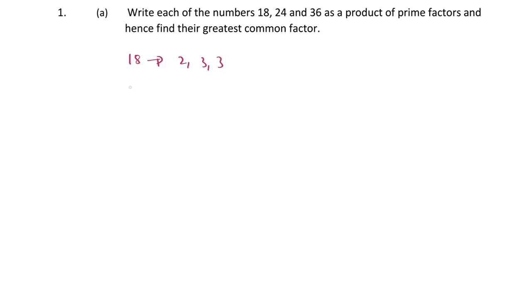expressing them as a product, we have 18 equals 2 times 3 times 3. And also for 24, the factors are going to be 2 times 2 times 2 times 3.